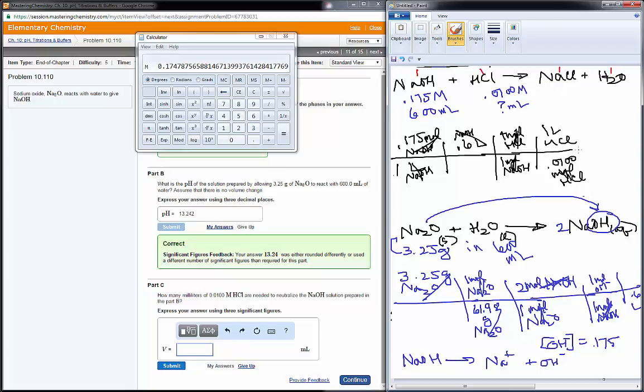That gives me liters, and they wanted milliliters, so we can take that extra step. Every 1 liter has 1,000 milliliters. And we'll get milliliters. So here's where I start with number of moles per liter. Multiply that by 0.6 liters.